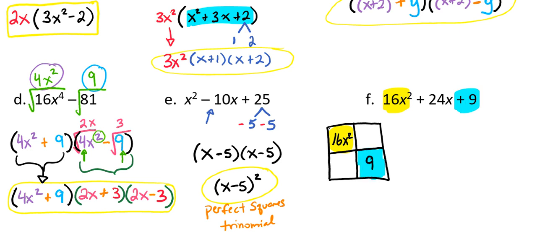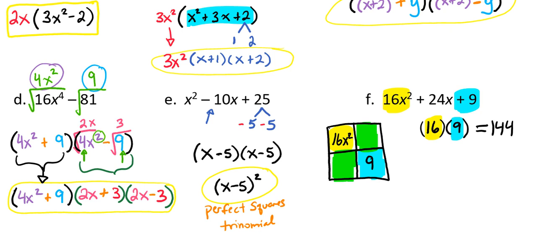But what are you going to do with these 2 leftover boxes when you only have one number left? Well, what you do is you take that first number and that last number and you multiply them together. And that gives us 144. So now we're going to do the multiply add trick here.